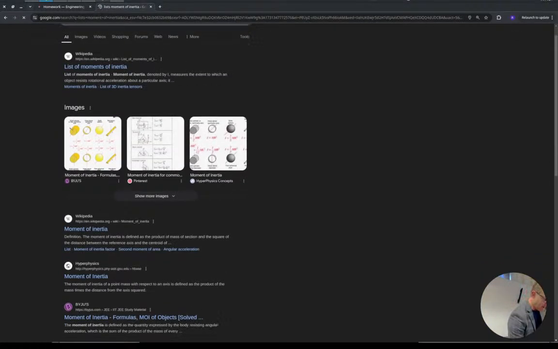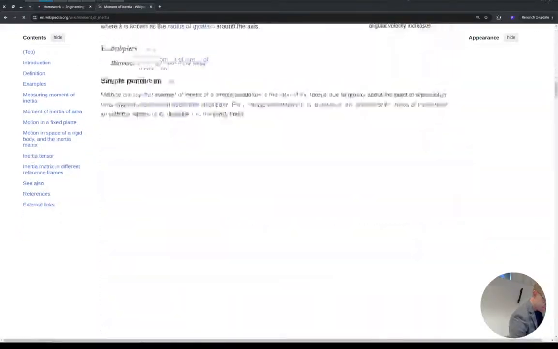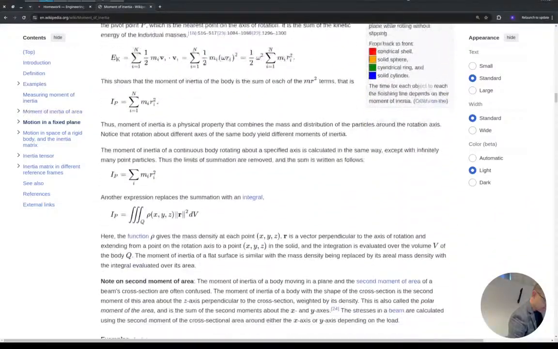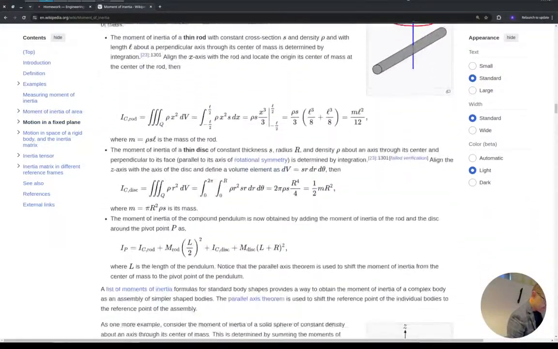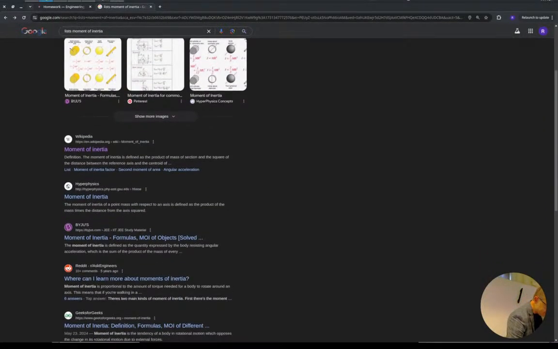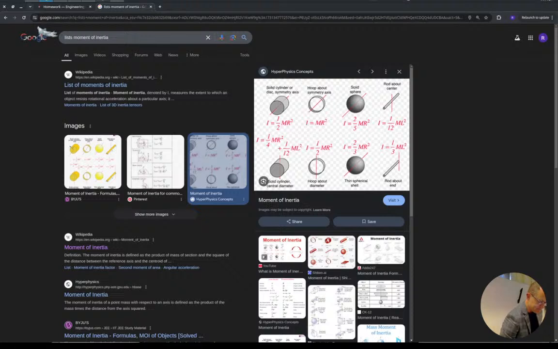It's a table lookup, right? Lists of moments of inertia. Where's my list? I need my list of moments of inertia. The ball, right? Yeah, it's just a ball. 7/5 MR squared. Wait, 7/5? No, 2/5. I think it's 2/5, at least that's what I have here.